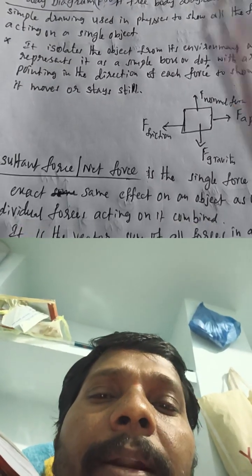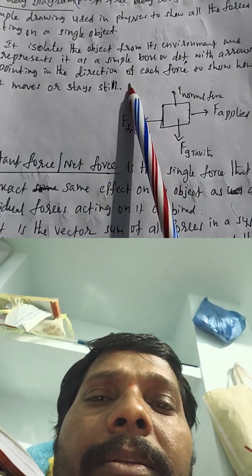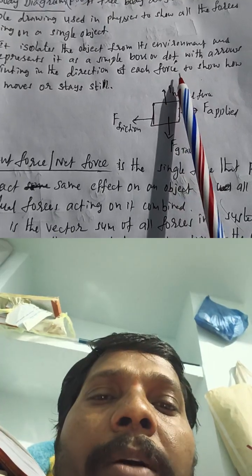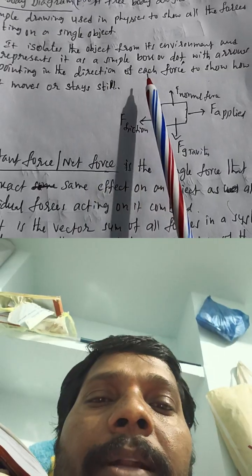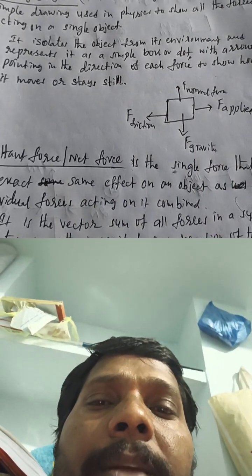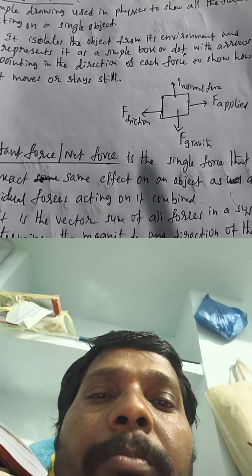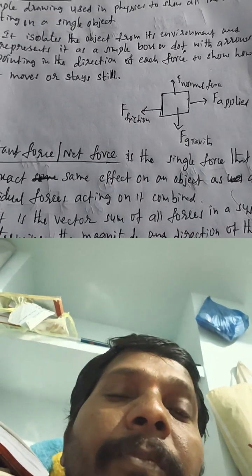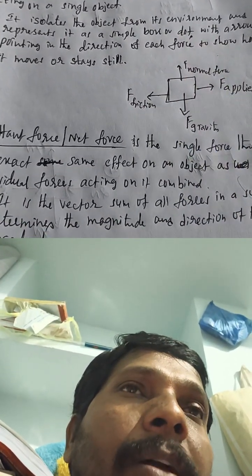It isolates the object from its environment and represents it as a simple box or dot with arrows pointing in the direction of each force to show how it moves or stays still. So here the object is isolated, separated from the environment.